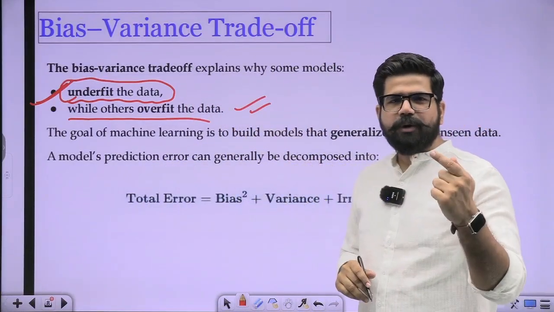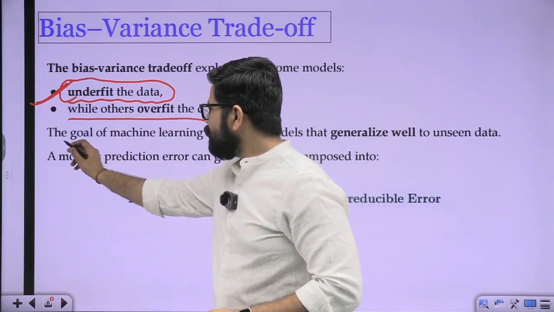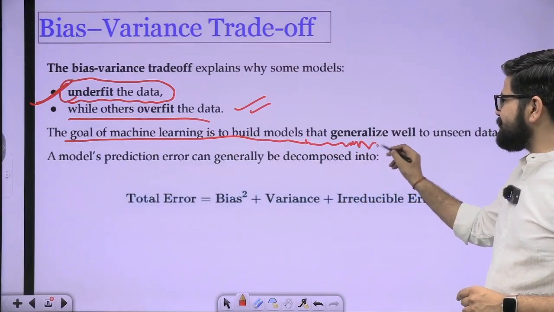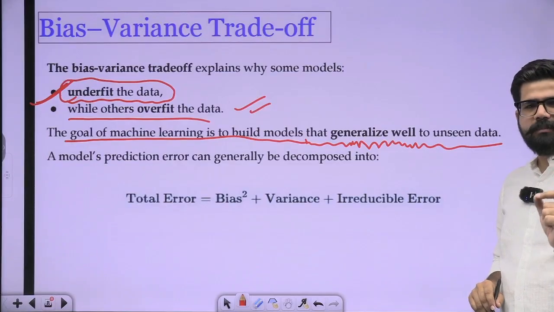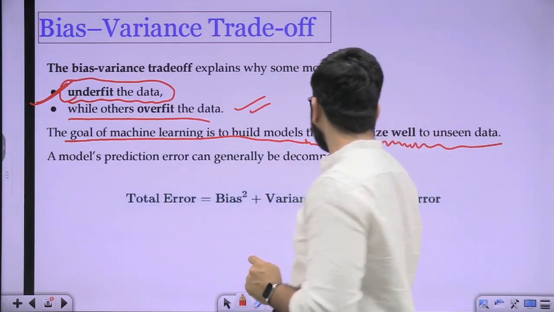So what you need to do is achieve a balance between them. Your goal in machine learning is to build a model that generalizes well to unseen data. Your model must be generalized and able to easily predict things in the unseen data.